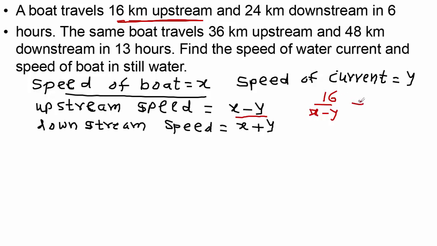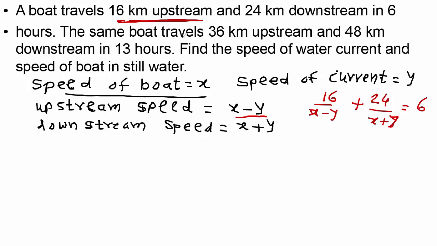Similarly, in the downstream direction, the boat travels 24 kilometers. Therefore, we will get 24 divided by x plus y, equal to how many hours? 6 hours. Therefore, 16 divided by x minus y plus 24 divided by x plus y equals 6 hours.